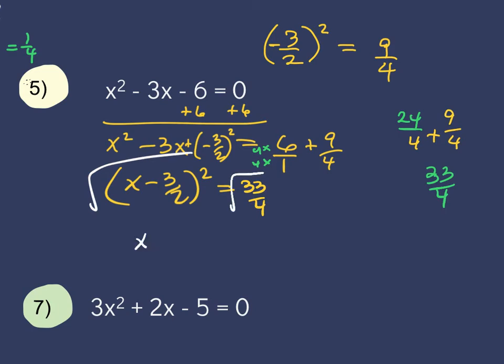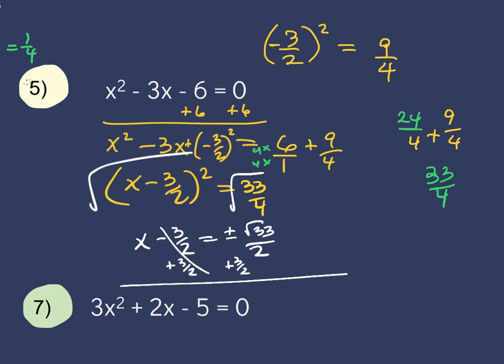And I end up with x minus 3/2 equals plus or minus square root of 33, which can't be broken down, but I can do the square root of 4 and it becomes a 2. I now need to move the 3/2 to the other side. So then now I end up with x equals 3/2 plus or minus square root 33/2.